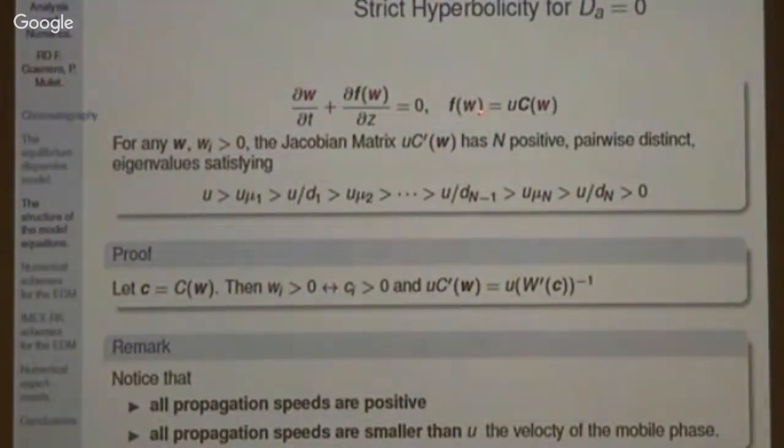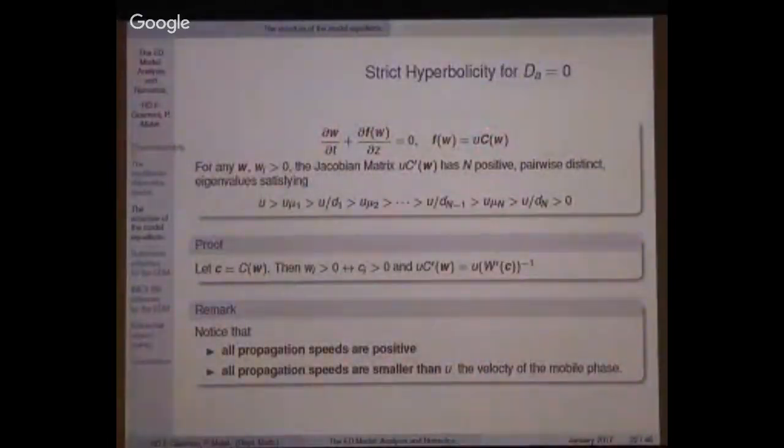So the F is U times C. I know that C is a well-defined C1 function. The Jacobian matrix is U C prime, and here are its eigenvalues. So all propagation speeds are positive. Everything is going down the column, as it should be. And they're all smaller than the velocity of the carrier. That's as it should be.